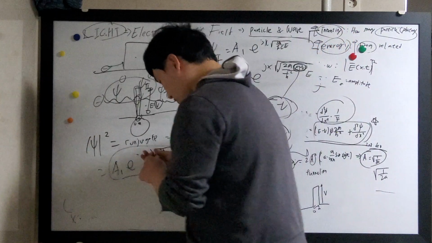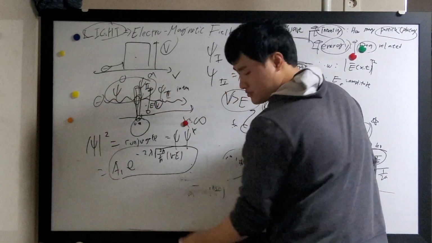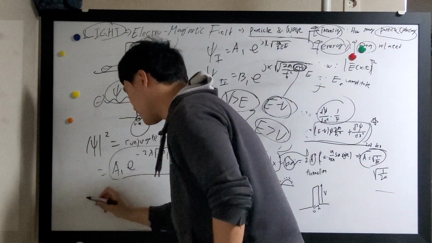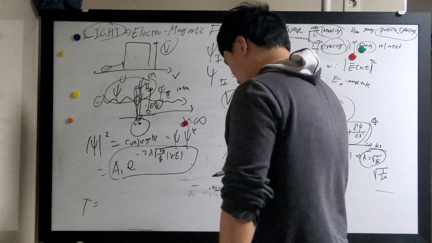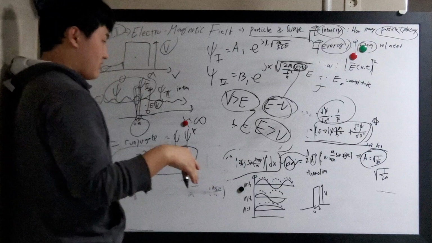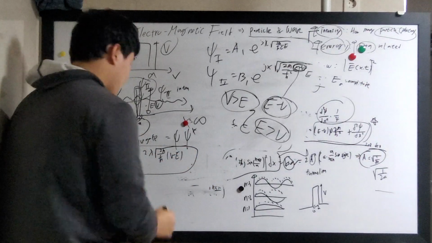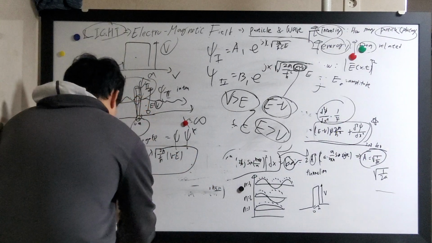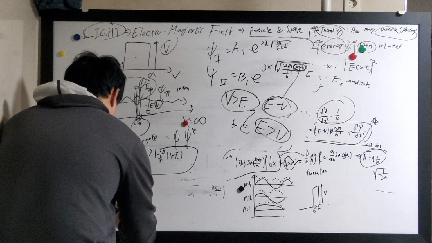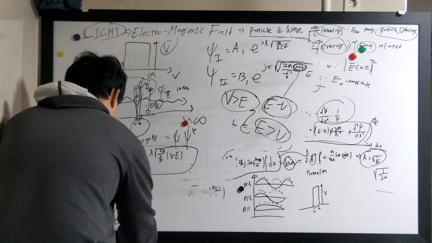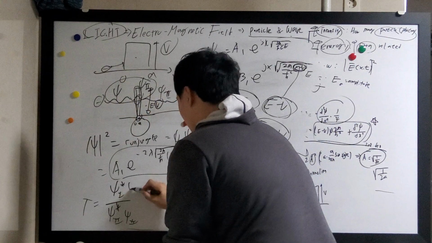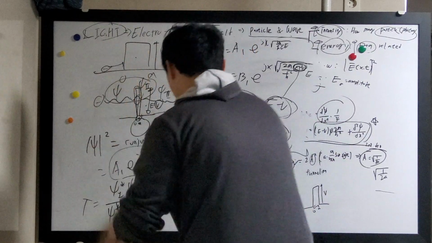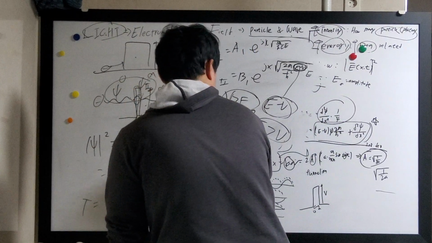So how many electrons, or what probability, will propagate from side 1 to side 2 by the wave? The transmission coefficient or transmission function can be stated like this: conjugate of ψ2 and ψ2 over conjugate of ψ1 and ψ1.